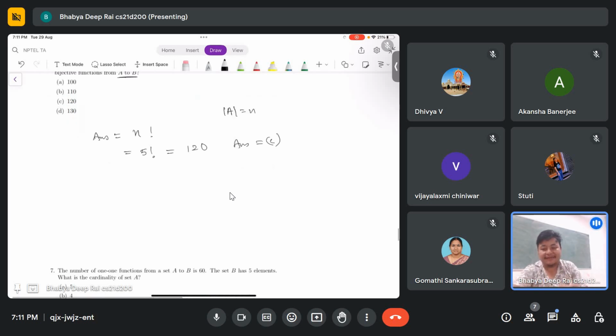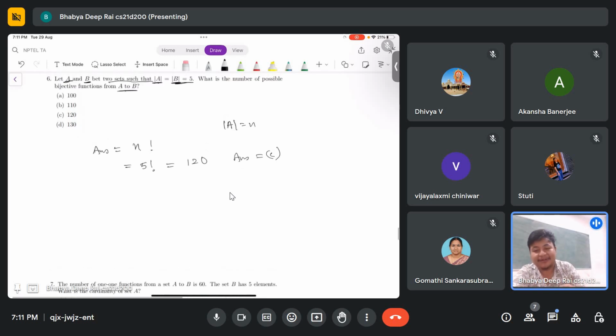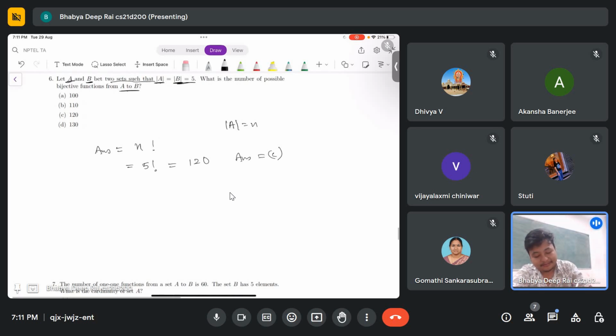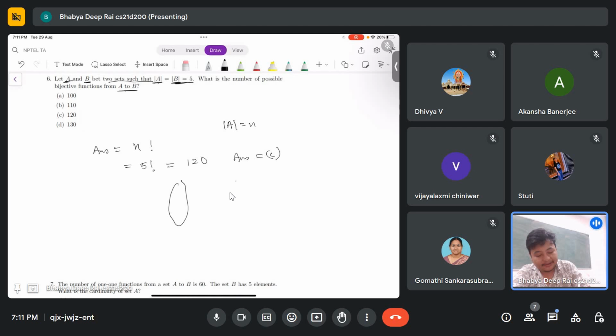It is there in the lectures actually, but I can quickly tell you how this formula came to be. Take these two sets which are equal in cardinality, and by the way, bijections can only exist between sets of equal cardinality. It cannot be that one set is bigger and one set is smaller. It won't work that way.